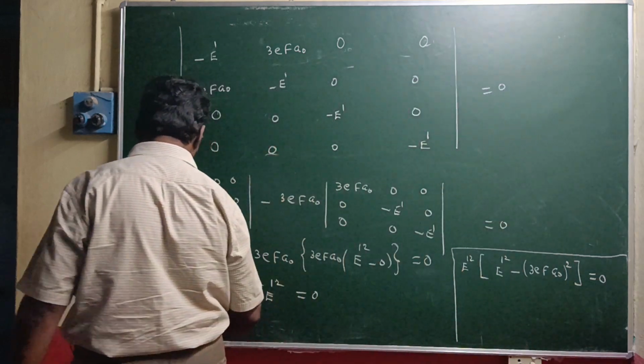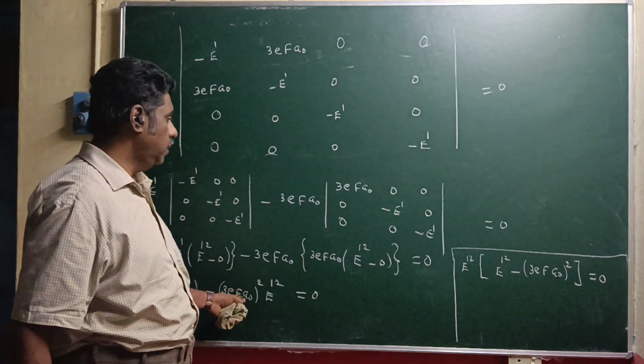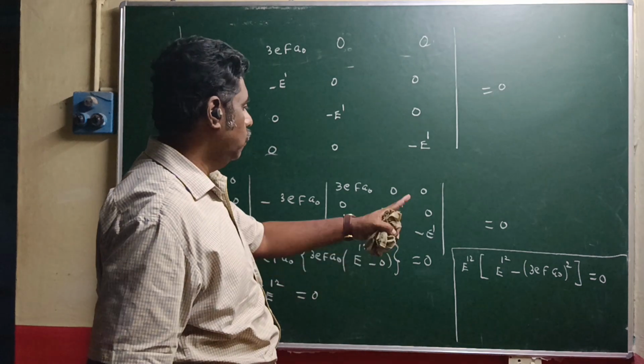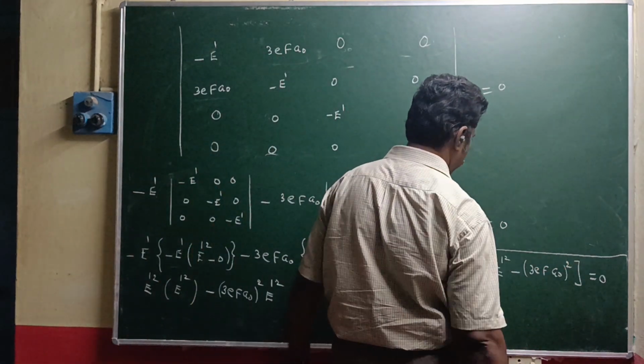I have taken out E1 square as a common term. So E1 square times E1 square minus 3eF a0 whole square, the entire expression, is equal to 0.